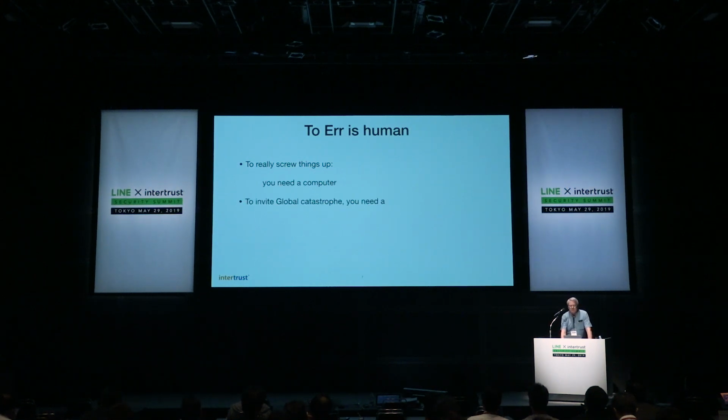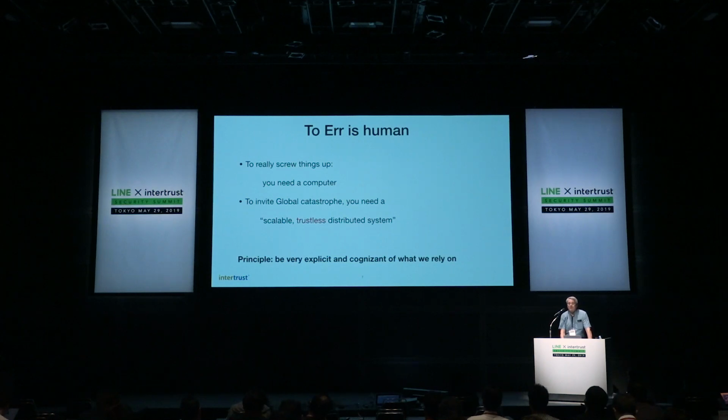But to invite global catastrophe, you need a scalable, trustless, distributed system. And if we don't get this right, that's the kind of thing that will happen. It's something that we know that we do as technologists. We plow ahead sometimes without understanding entirely what the consequences of what we're doing are.